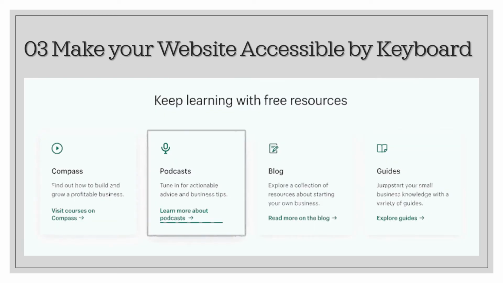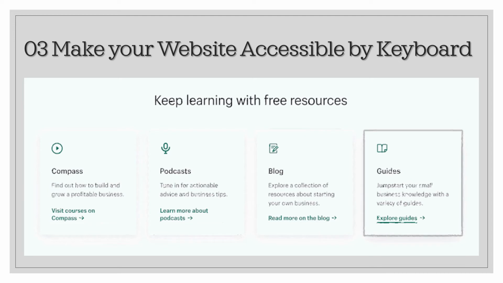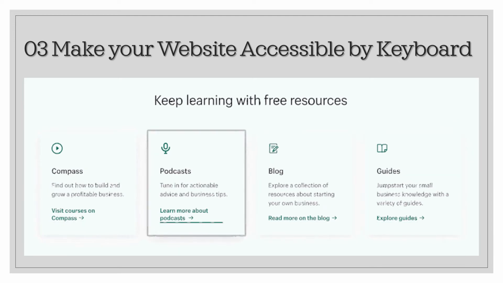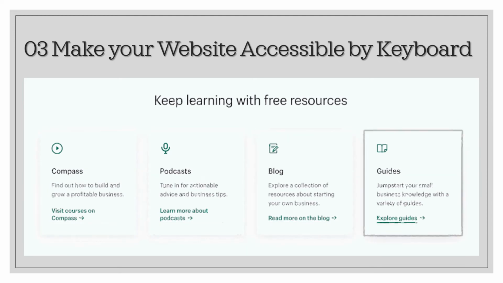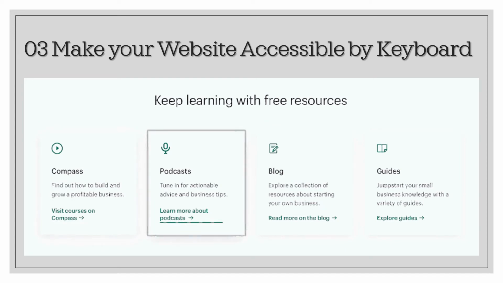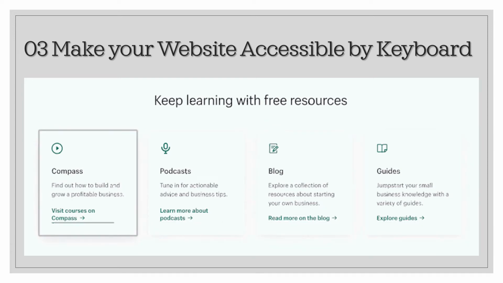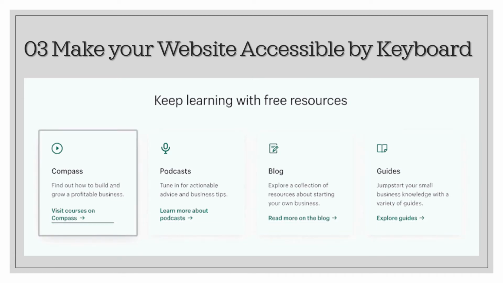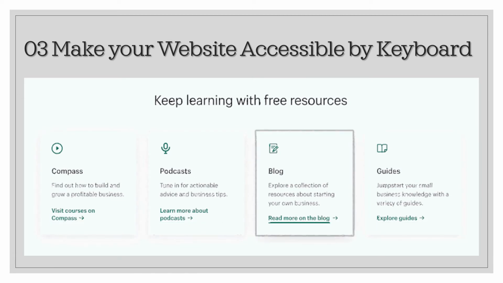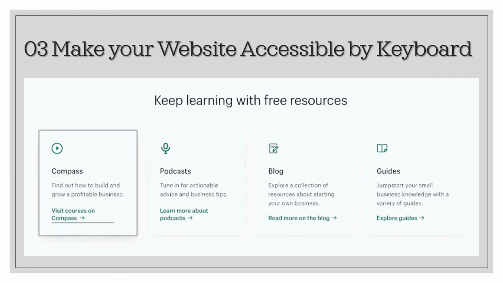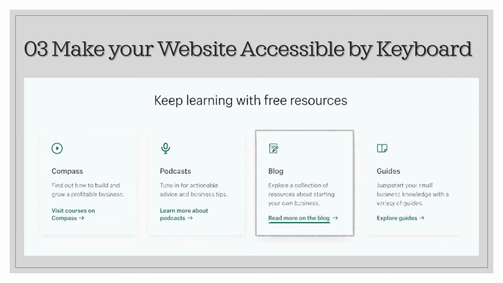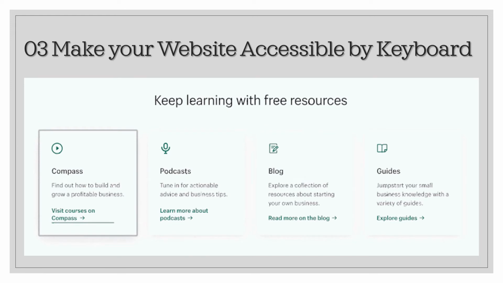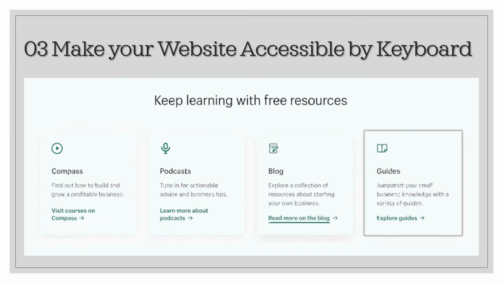Third one, make your website accessible by keyboard. People with visual problems or motor disabilities find it easy to navigate a website using the keyboard only. They have trouble using the mouse or clicking web elements that are too close to each other.